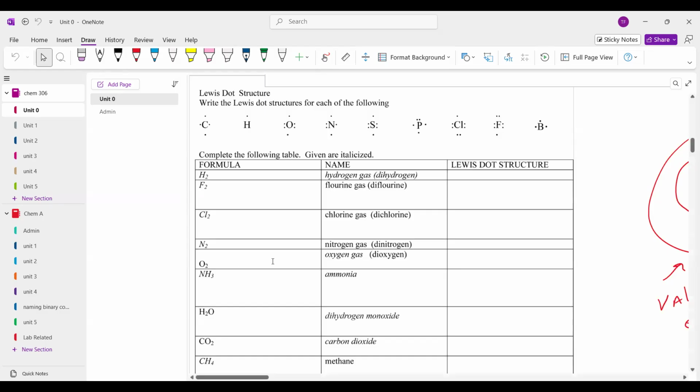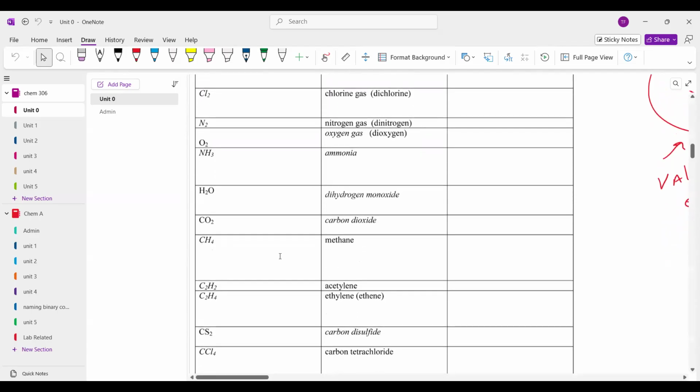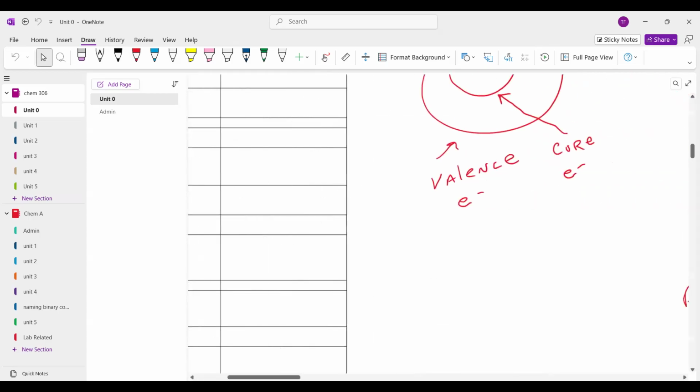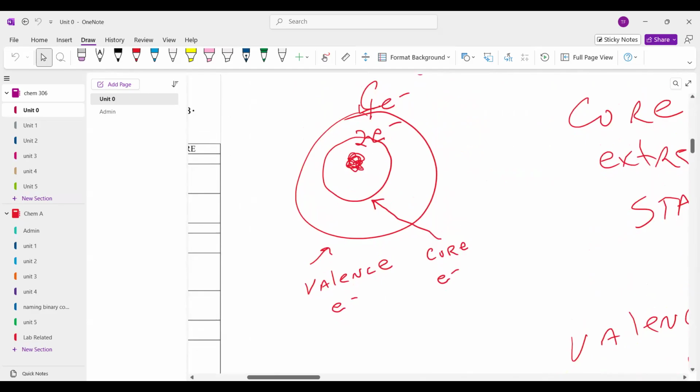Okay, so if we look at methane, for example, you're going to know these organic chemicals really intensely when we get into this. So let's do, instead of cesium, carbon.